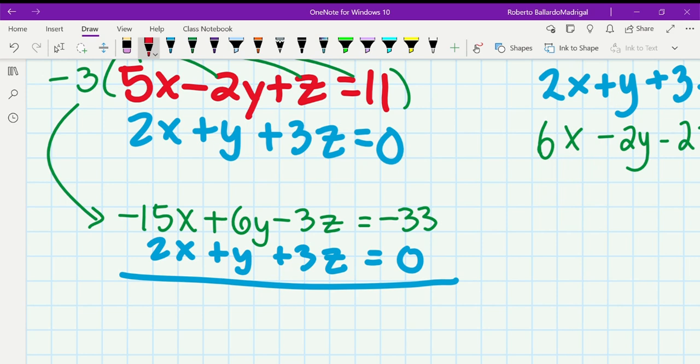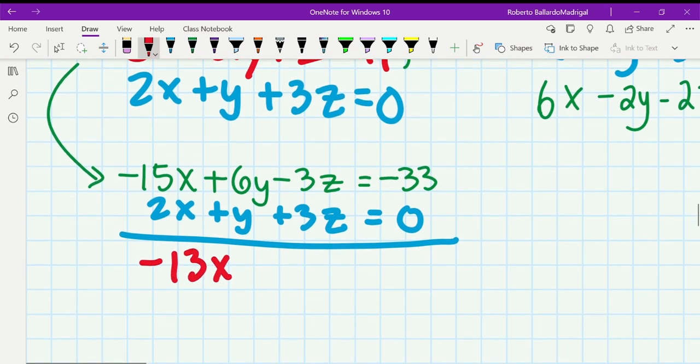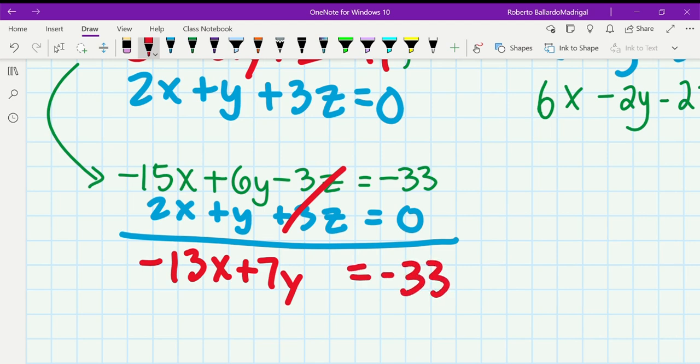Negative 15x plus 2x. What do you get? Negative 13, or minus 13x. 6y plus 1y, 7y. The goal was to cancel the z's, and we did that. So cross those out. And we're going to get equal to negative 33.